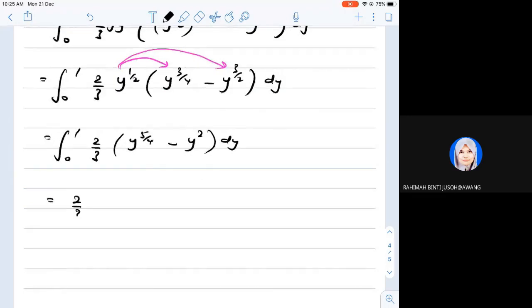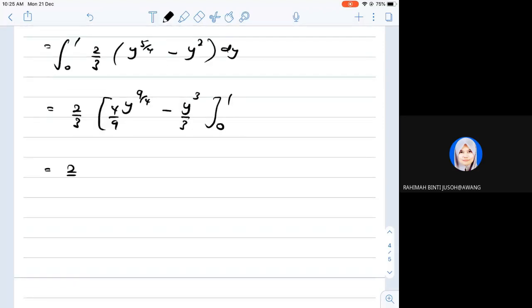Okay, so 2 over 3, y to the power of 5 over 4 plus 1 should be 9 over 4. So over 9 over 4 is 4 over 9 minus y cubed over 3. Substitute 0 and 1. So we have 2 over 3, of course, just 4 over 9 minus 1 over 3.